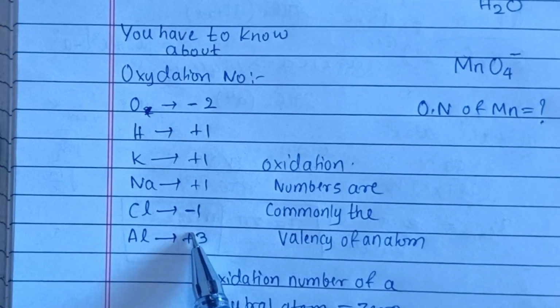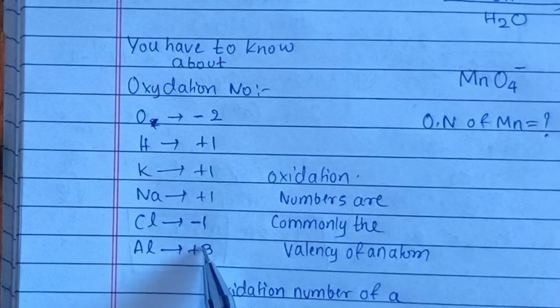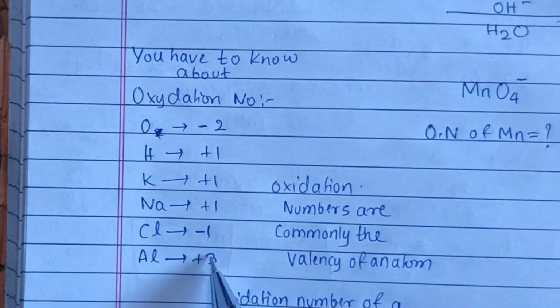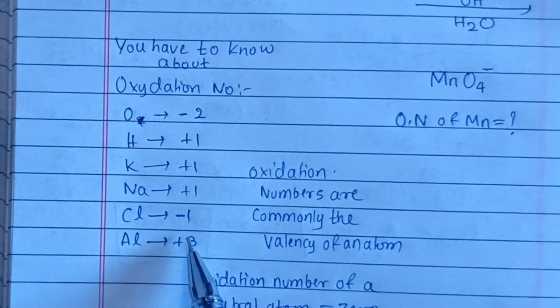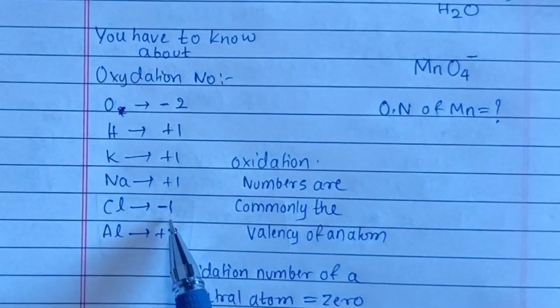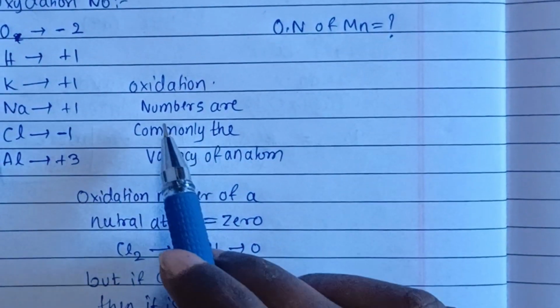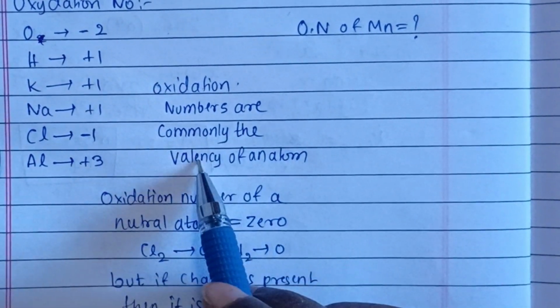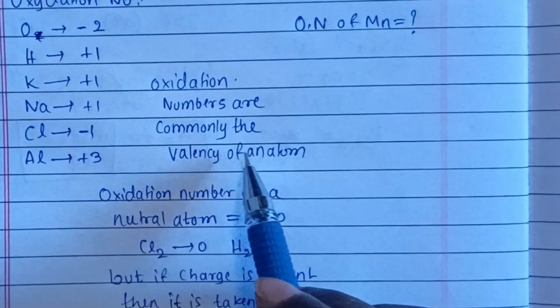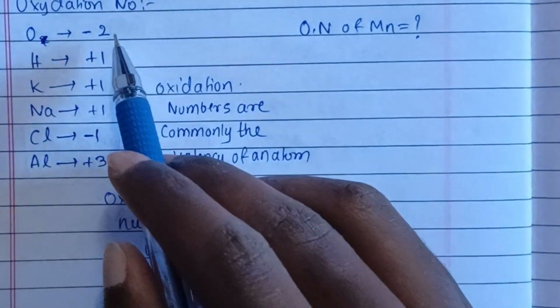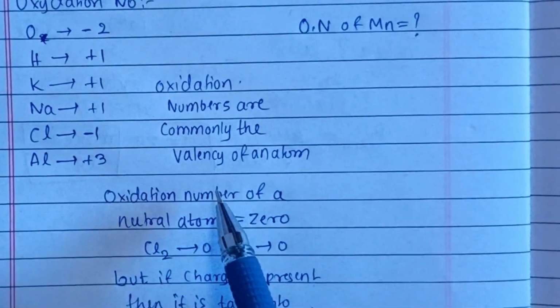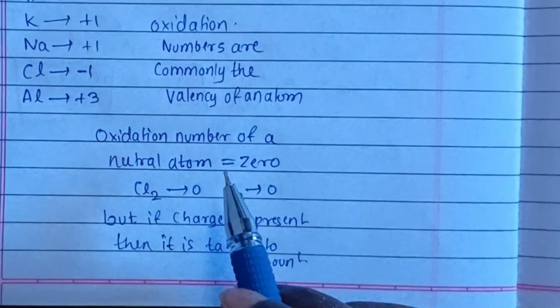These are some of the oxidation numbers which are used more, but there are also many other elements, so you have to recall those oxidation numbers from your books. Commonly these oxidation numbers are what we call the valencies of an atom, but some changes are also found, so you have to know that.